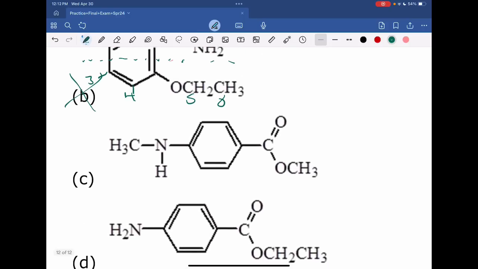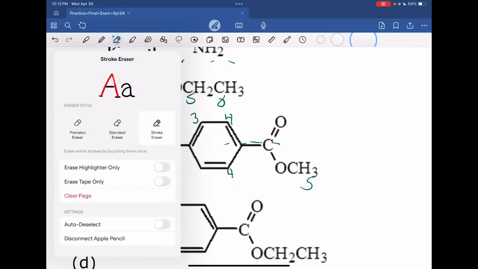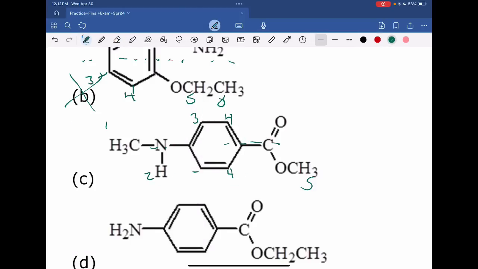Let's look at C. We got 1, 2, 3, 4, 5. There is symmetry, so this would be 3 and 4. These are also equivalent H's. Okay. So it's got 5, so it's not the right answer.